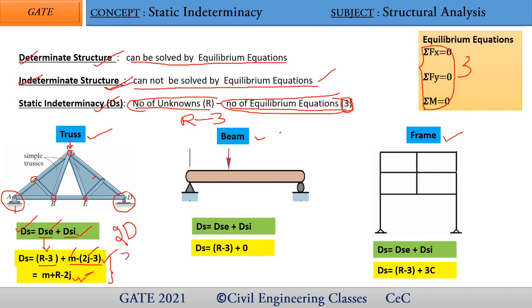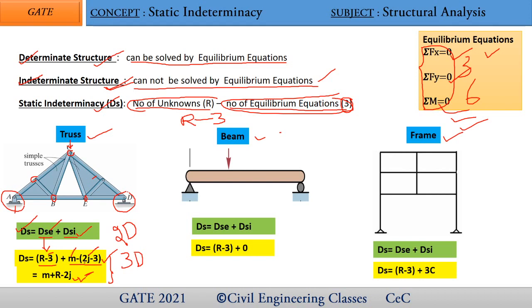Suppose you take a three dimensional truss. We know that the number of equilibrium equations available here is 6, not 3. That is sigma Fx equal to 0, Fy equal to 0 and Fz equal to 0, sigma Mx, My, Mz. Okay, there are a total of 6 equilibrium equations, right? So in that case you will get R minus 6 plus m minus 2j plus 6.